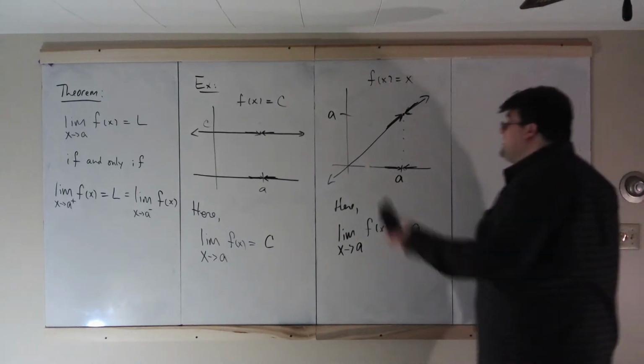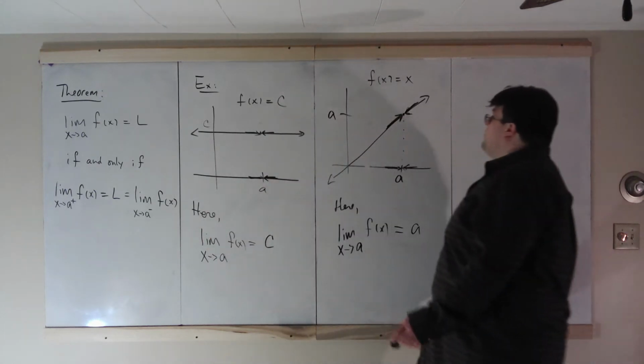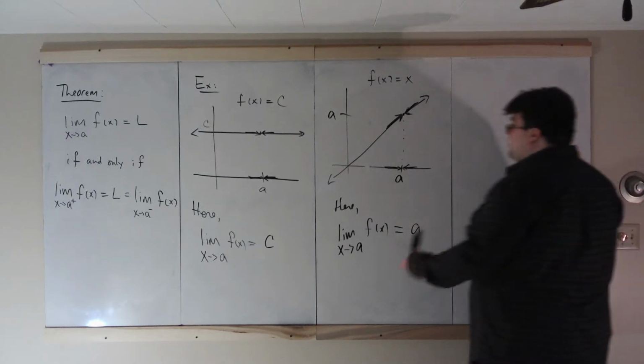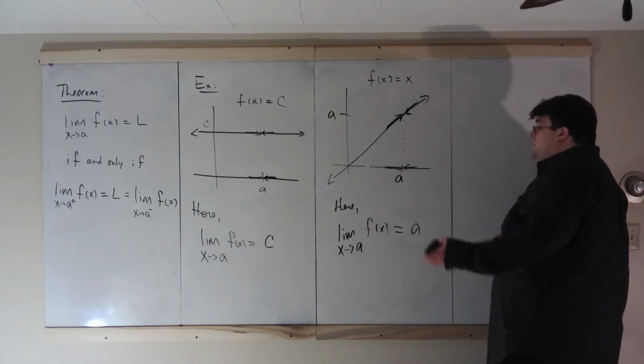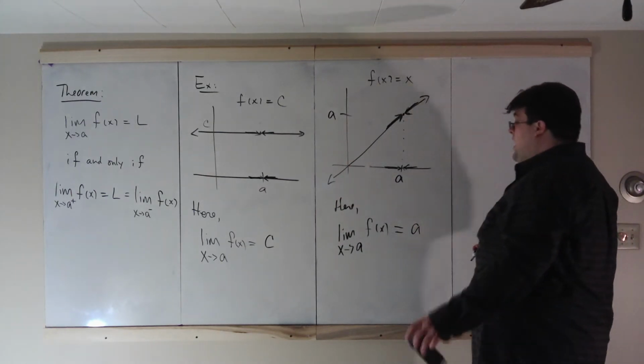So for the constant function, any limit we have is that constant. For the function f of x equals x, an identity function you could call it, the limit as x approaches a of x would equal a.